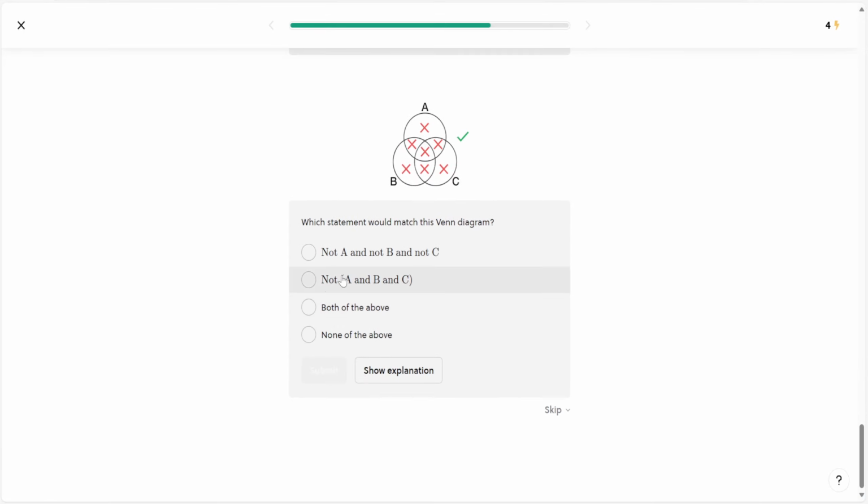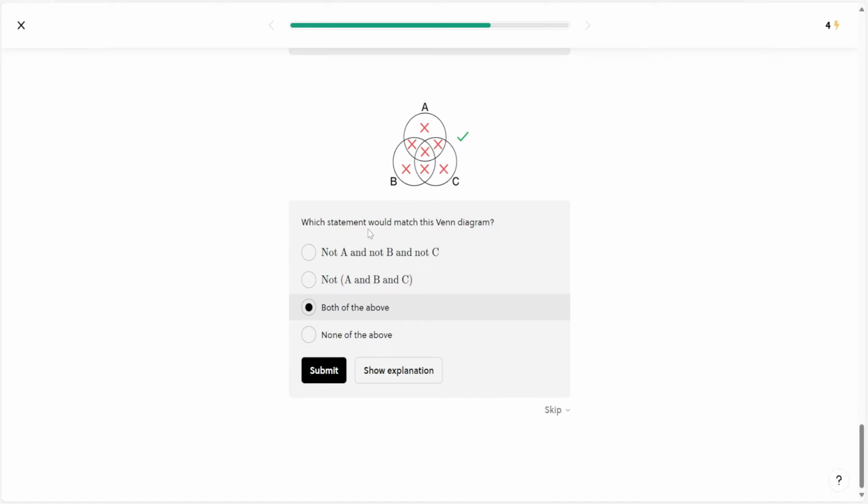So if we go down here, the joint of A, B and C would just be this one little bit in the middle. But we have got both of the above here. So technically, the correct answer is both of the above, because if you're not including any of these, you're also not including this one in the middle. So technically, both of the above.